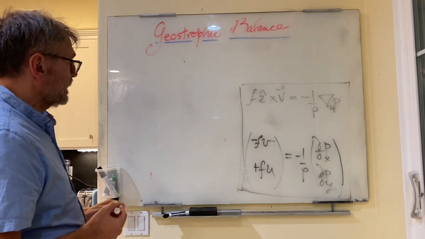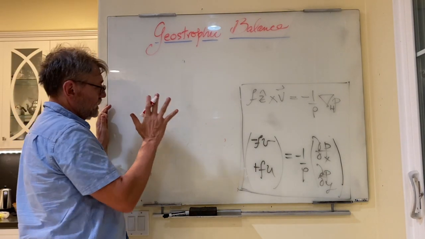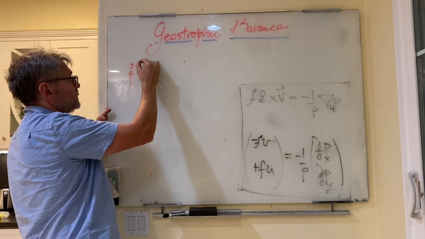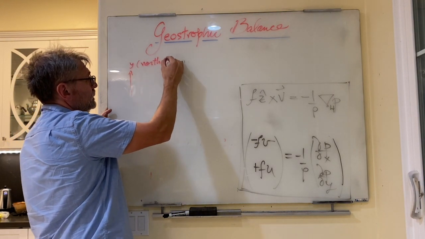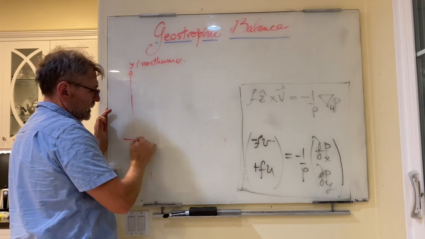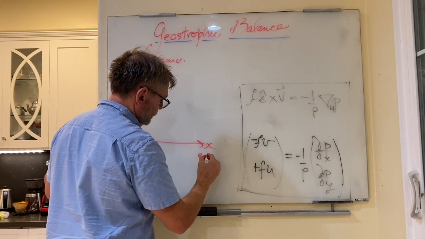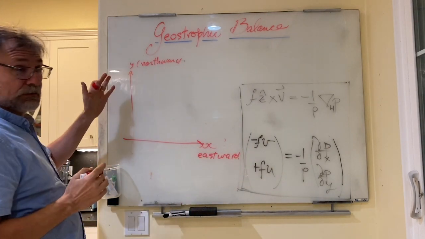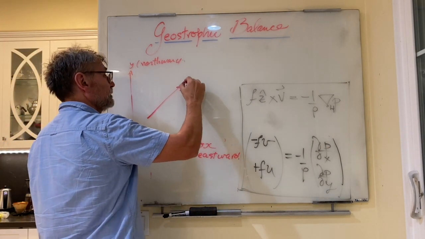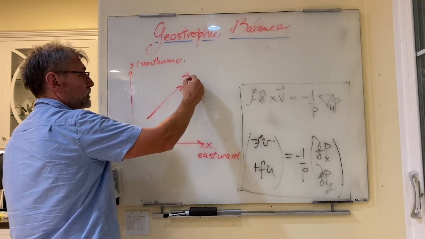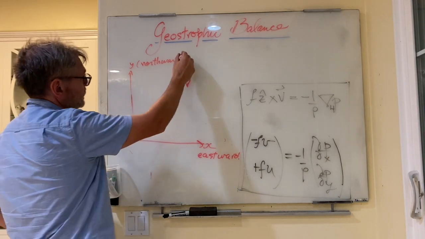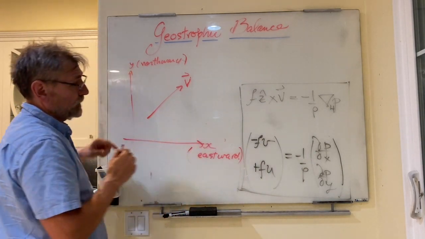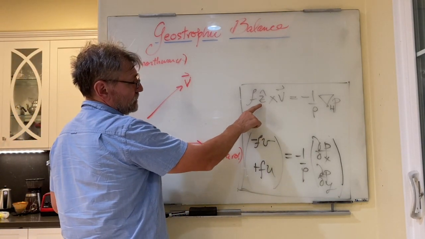So if I now look down on the Earth, this would be, let's say, y, which is northward, and in this direction, x, which would be eastward. And then I imagine there's a current in this direction, v, pointing in this case in a northeastward direction. Then I can compute, suppose we're in the northern hemisphere, so f is positive.